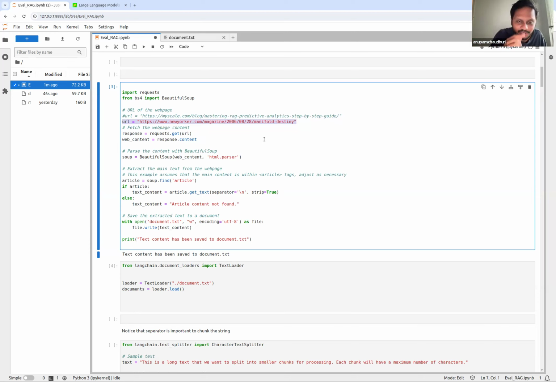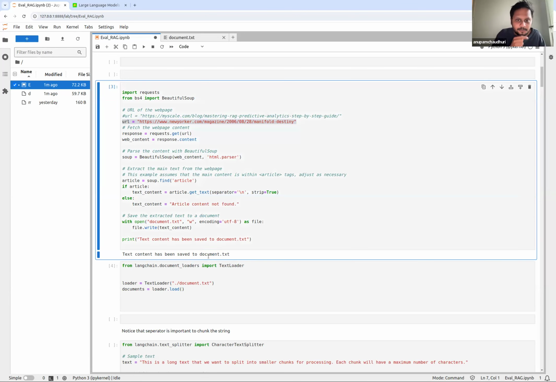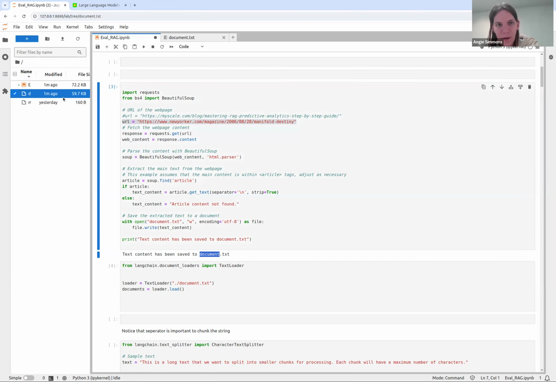What I did here is I took this article from the New York Post about the Perelman and Yau controversy. I took the data and wrote it in the file document.txt, and I saved it here.